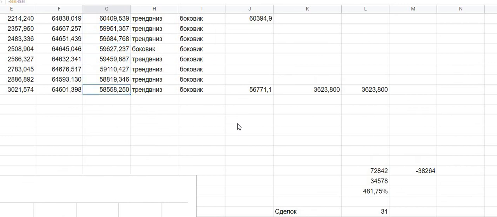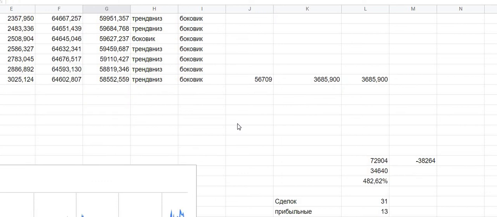The current signal was a short position, and currently this short position is giving us maybe a little bit more than 5%, and we need to stay. Currently the trend is downward, and in this connection we need to stay in the short position in Bitcoin right now. So this is brief information, but I will make the next video exactly about the performance of the trend following system for Bitcoin.